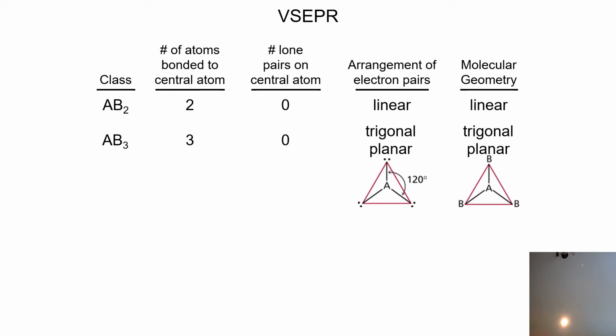And you are responsible for these bond angles. Again, there are no lone pairs on that central atom, so the molecular geometry is also trigonal planar. Now, when we do introduce lone pairs on the central atom, electron geometry will remain the same as we were discussing here. However, the molecular geometry is going to change.